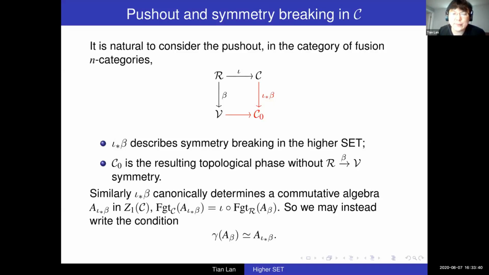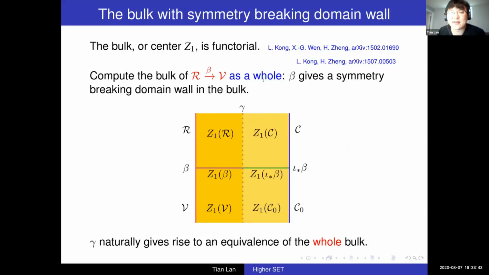And we can also consider the symmetry breaking in the bulk. The basic idea is that the bulk or center is functorial, based on the work of Kong, Wen, and Zheng. This functoriality means you can not only take the center of R and V, you can also take the center of the morphism between them, and the morphism of morphism, and also higher morphisms. But here we will only be interested in this beta.